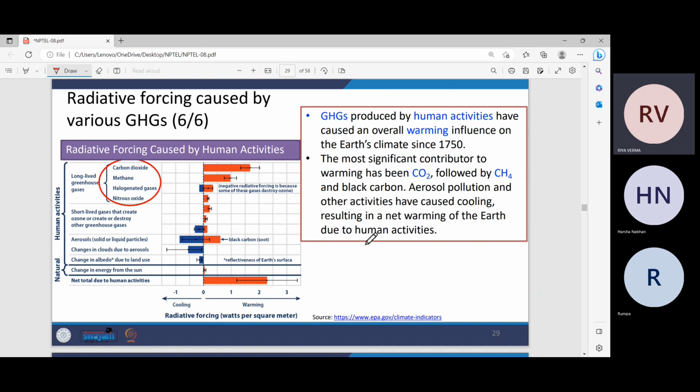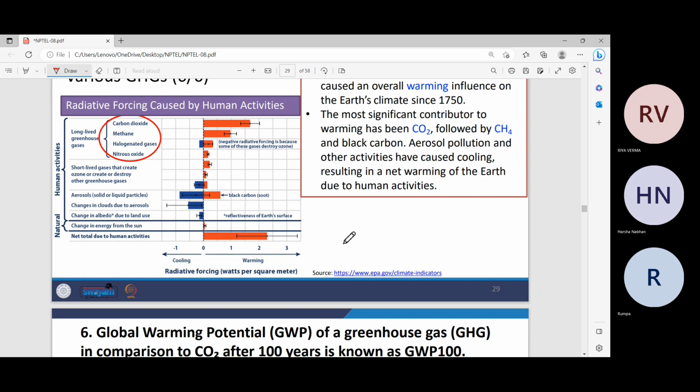So that is why they have a net cooling effect. The layer of clouds acts as a barrier that tends to hinder the rays coming towards the surface of the earth.